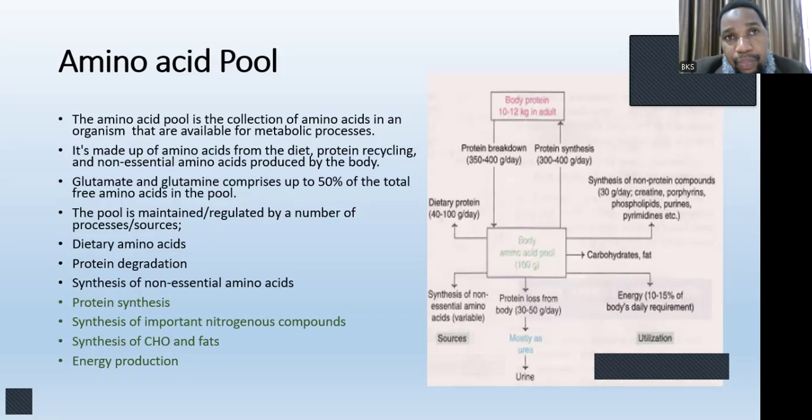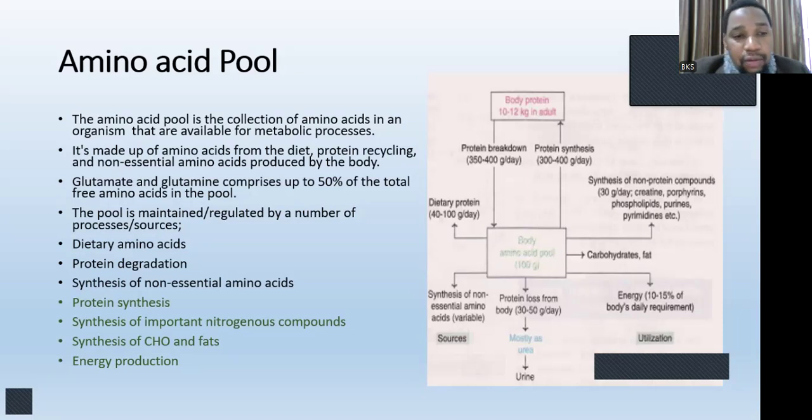When you do the synthesis of nucleotides, you will see how we use amino acids as sources of that nitrogen. Even when you do the reaction of carbamoyl phosphate synthesis, you will see where the ammonia used by that reaction comes from.